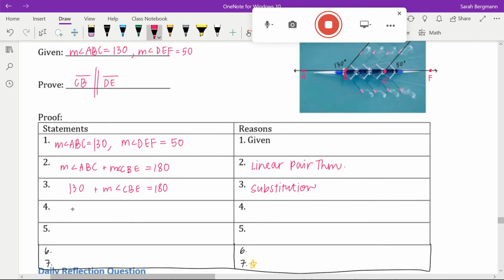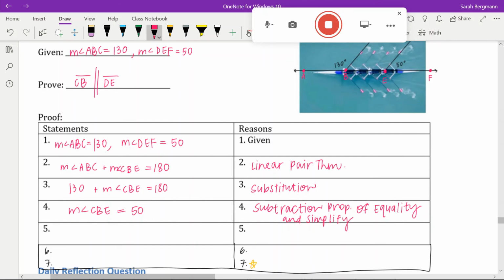Now, in order to get the measure of angle CBE alone, you'll have to subtract 130 on both sides. I'm going to go ahead and do this in one step. Remember, you are not allowed to abbreviate substitution or subtraction. But I'm going to subtract it and simplify it all in one step.